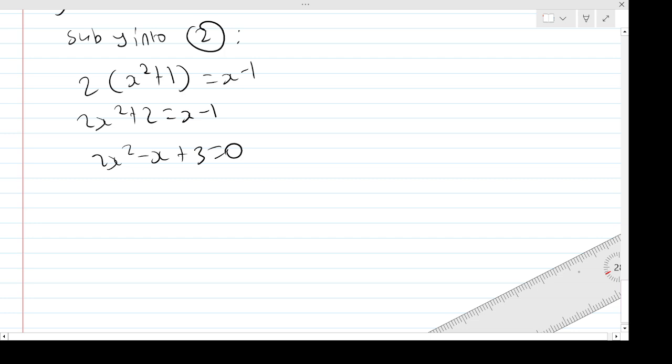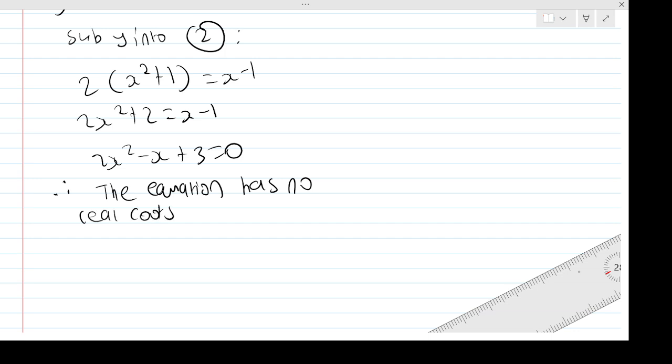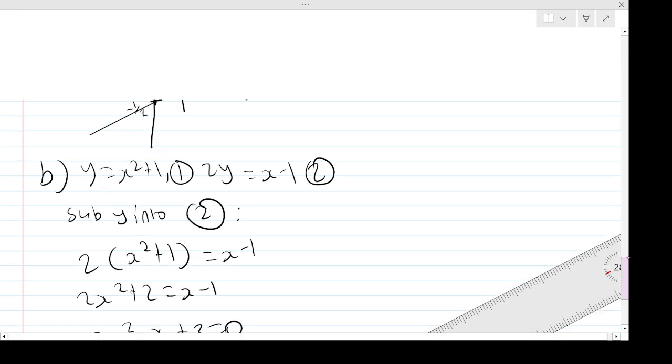But there we are. So again, it's going to be the same sort of reasoning then. So, therefore, and I can use these 3 dots to represent therefore, the equation has no real roots since the graph y is x squared plus 1 and the graph 2y is, what was it, 2y was x minus 1, was it?